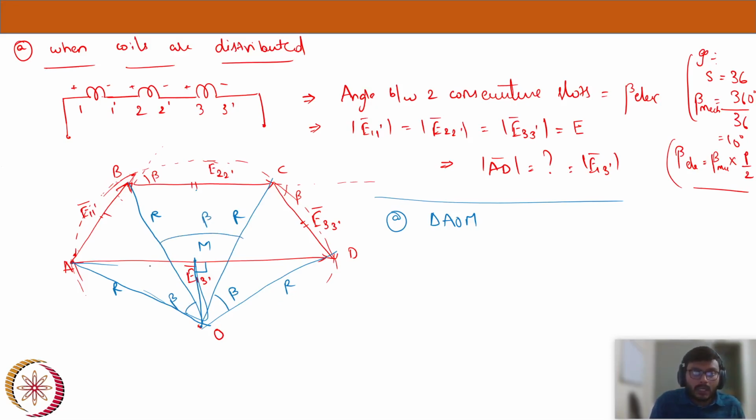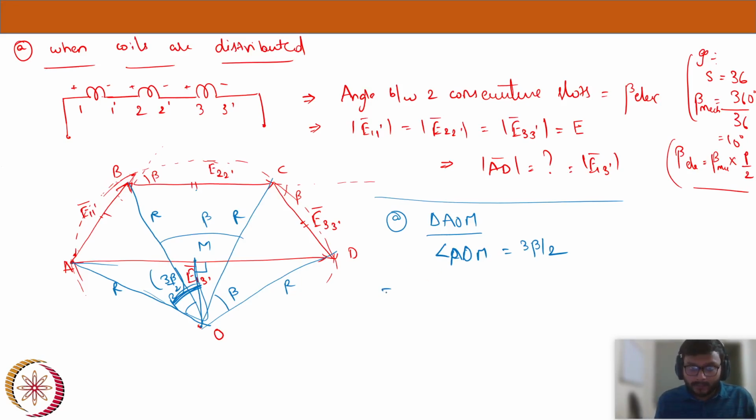Now this total angle will be 3 beta, and the angle we are interested in is half of that, 3 beta by 2. In triangle AOM, angle AOM is 3 beta by 2, since we have drawn a perpendicular and the total angle 3 beta is divided into half.